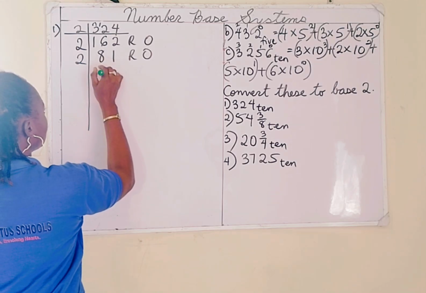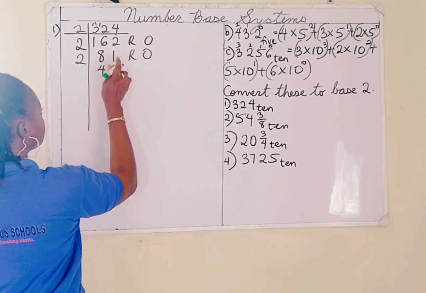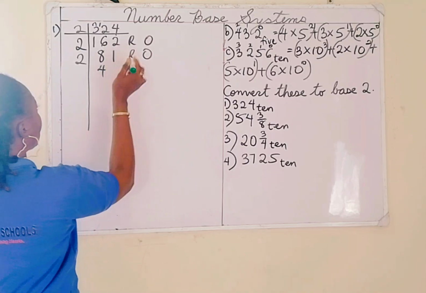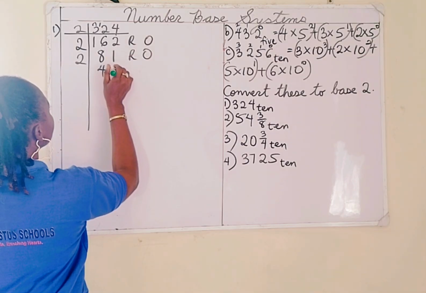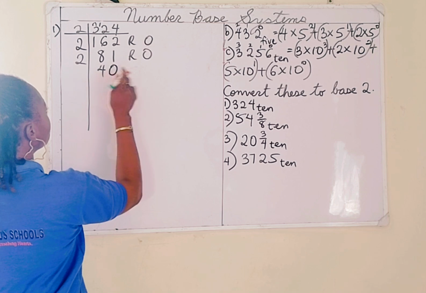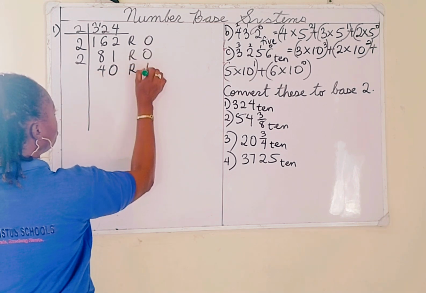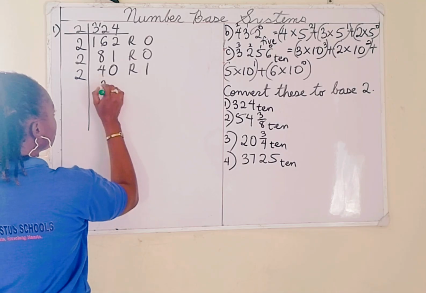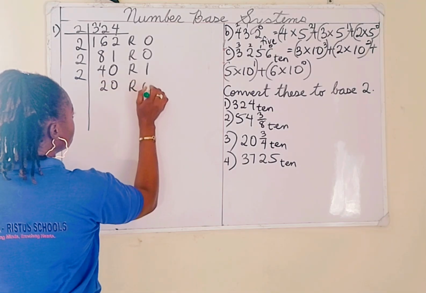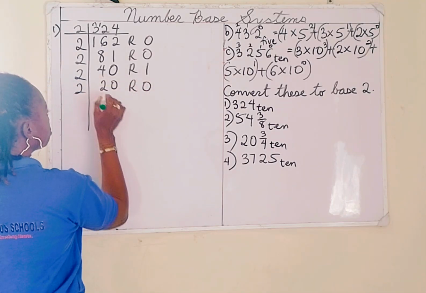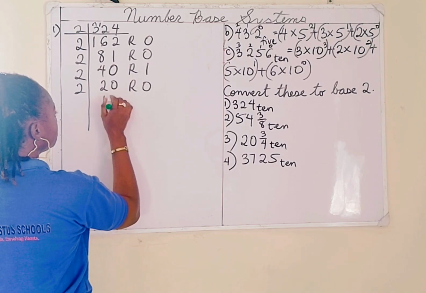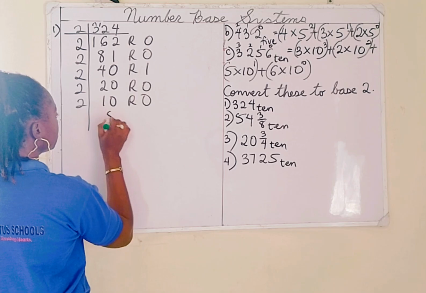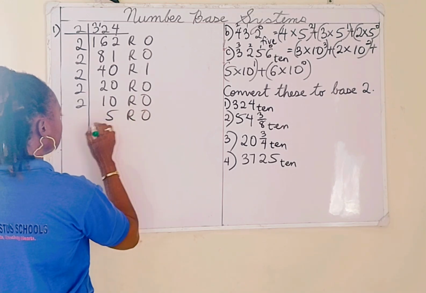Now let's continue. 2 into 8 is 4, remainder 0. Then into 1, that's 40. 2 times 40 is 80, remainder 1. Then we go again. 2 into 40 is 20, remainder 0. 2 into 20 is 10, remainder 0. 2 into 10 is 5, remainder 0.